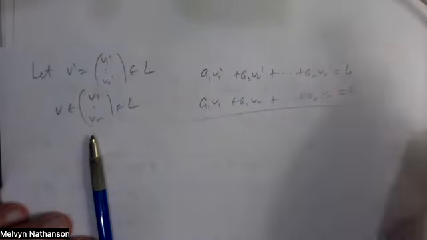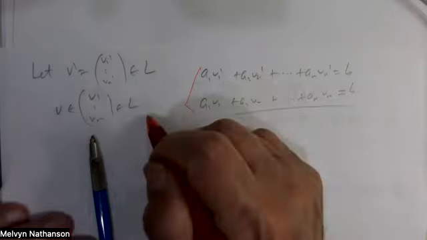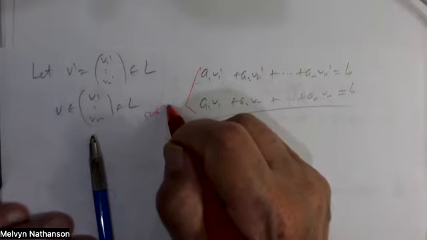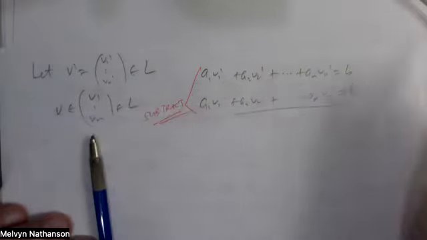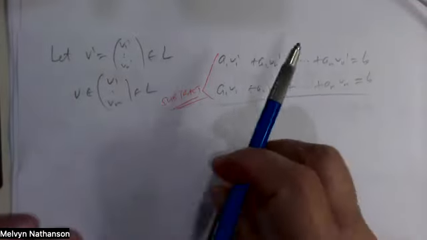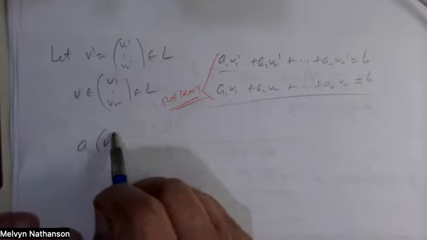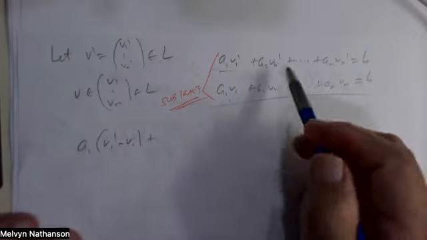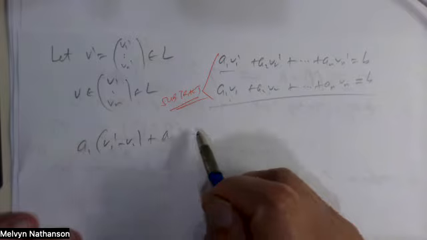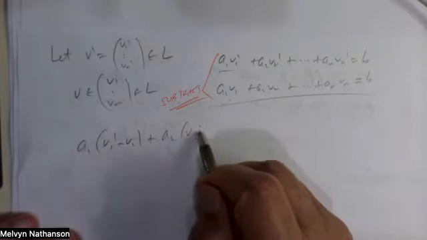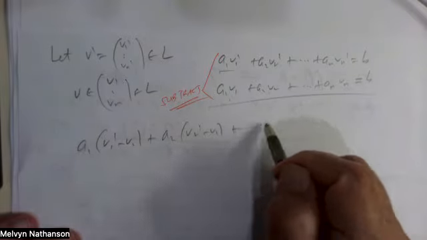And now I take these two equations and I subtract them. I subtract this minus this, that's A1 times (V1 prime minus V1). This minus this is A2 times (V2 prime minus V2) and so forth.